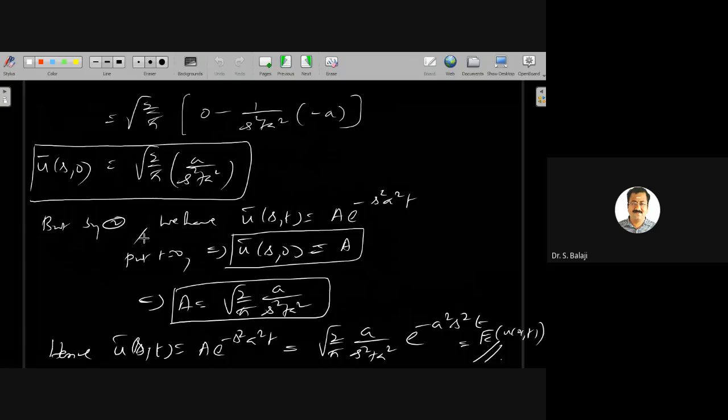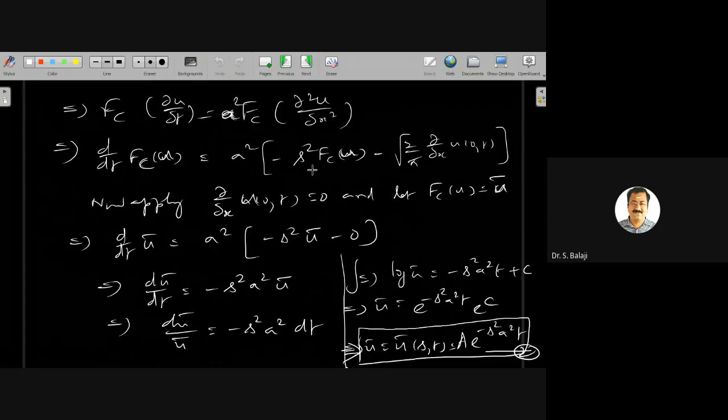But by equation number 2, we have already obtained the result u bar s comma t equals A e power minus s square a square t. Equation number 2 is here.